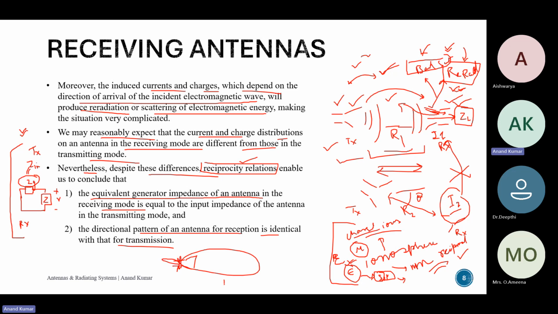For a receiving antenna as well, it will be the same, with the minor lobes. So the directional pattern for the transmission and reception cases will be identical. Okay, so I'll pause over here and take any questions you have on the introduction to the receiving antennas.